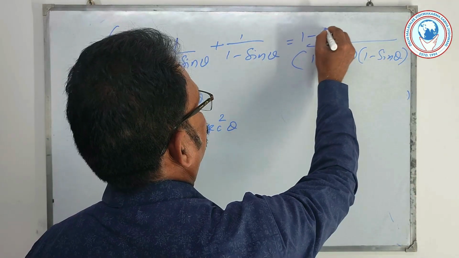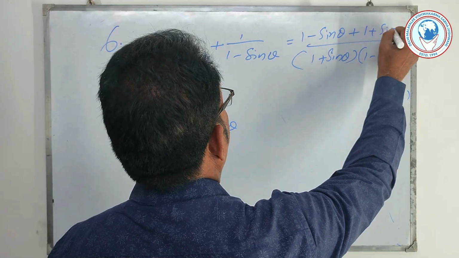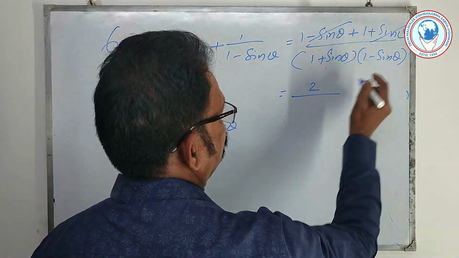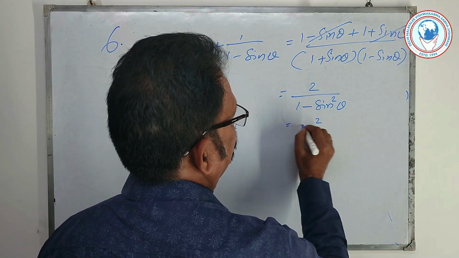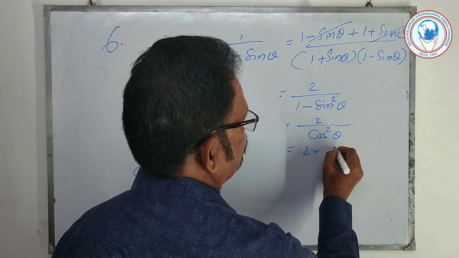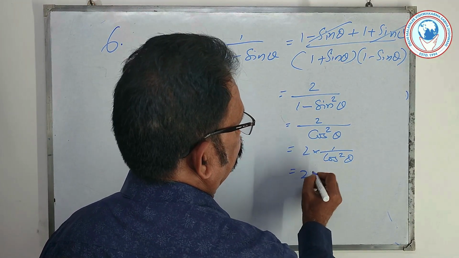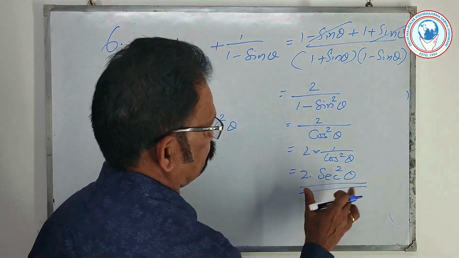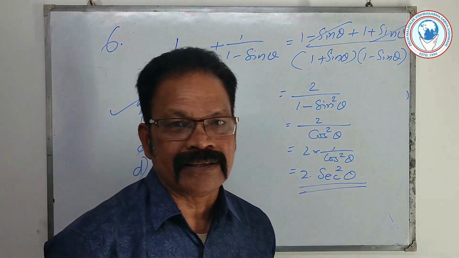Taking LCM, this becomes 1 minus sin theta plus 1 plus sin theta, plus sin theta minus sin theta cancel. 2 by (A plus B) into (A minus B), A square minus B square. That is 2 by 1 minus sin square theta, which is cos square theta. Or we can write this as 1 by cos square theta. 2 into 1 by cos square theta is sec square theta, reciprocal of cos square. So 2 sec square theta. So A is the correct one.